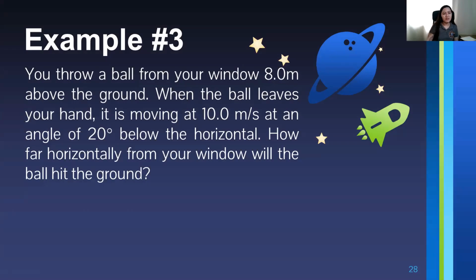Okay, example number 3. You throw a ball from your window 8 meters above the ground. When the ball leaves your hand, it is moving at 10 meters per second at an angle of 20 degrees below the horizontal. So here, the movement is now downward. It's now directed downward. So, how far horizontally from your window will the ball hit the ground? Okay.